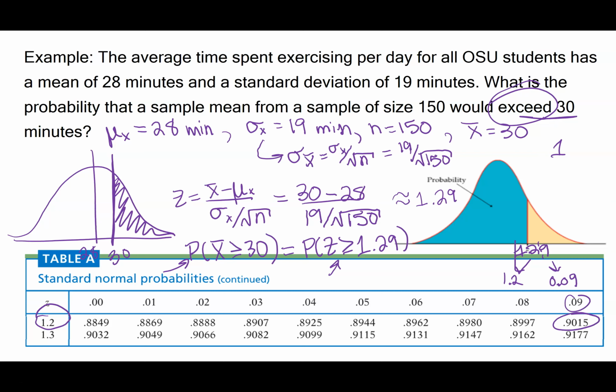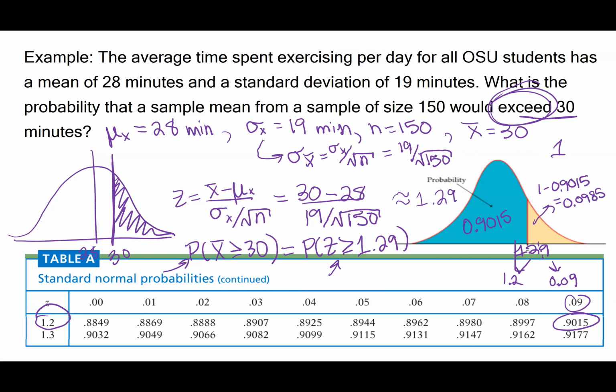Right here. So it's saying that this blue area is 0.9015. But be careful, we want exceeds, so we actually want the yellow area. So you're going to say, okay, well 1 minus 0.9015, it's going to be 0.0985.